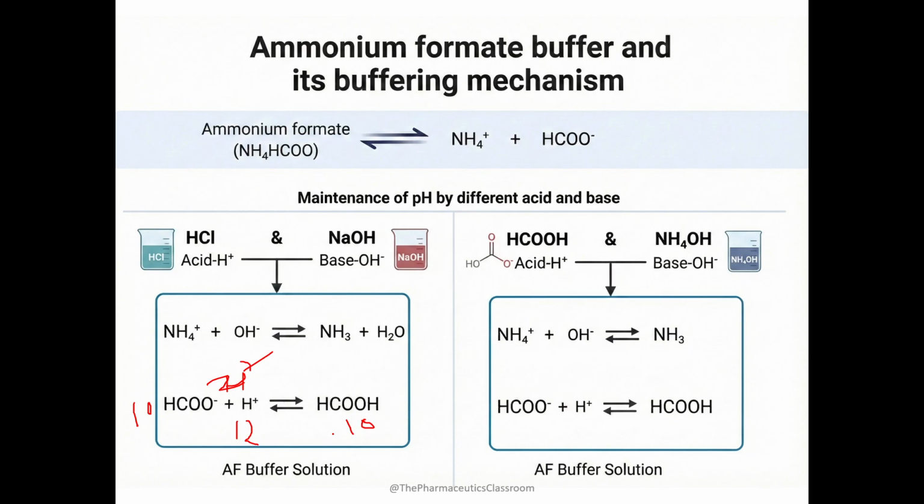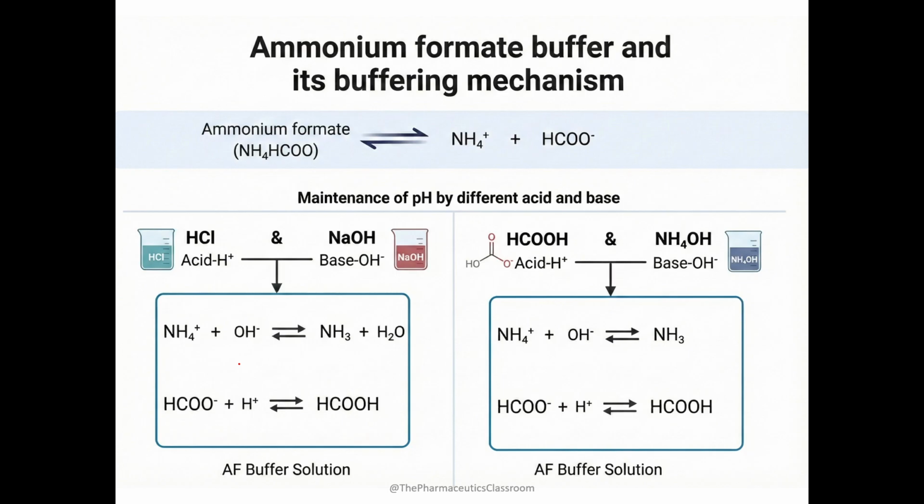And one more thing. Suppose you have prepared 10 millimolar ammonium formate buffer.